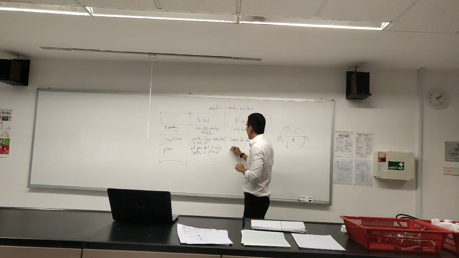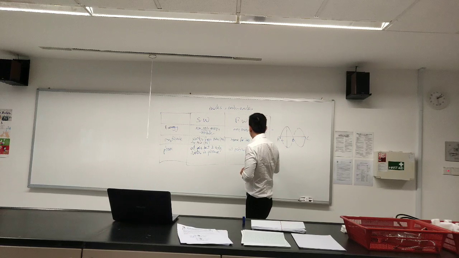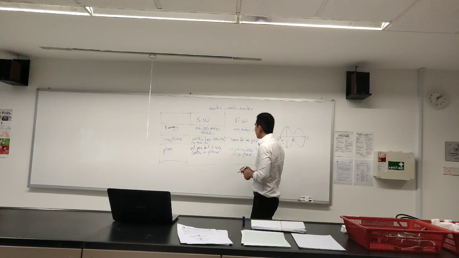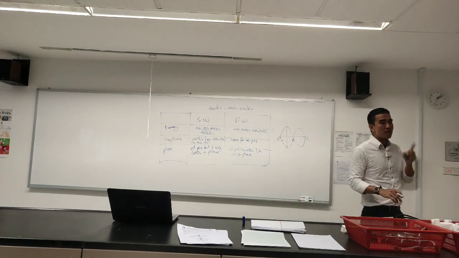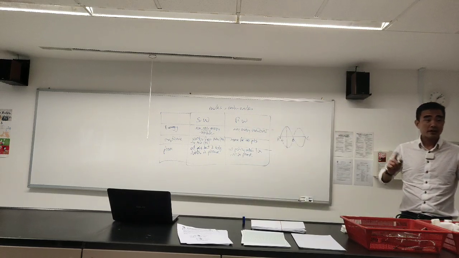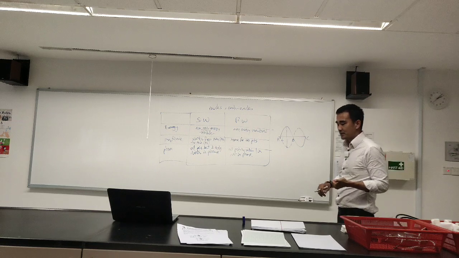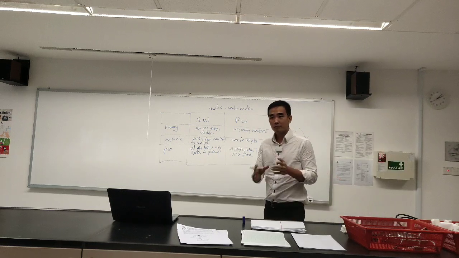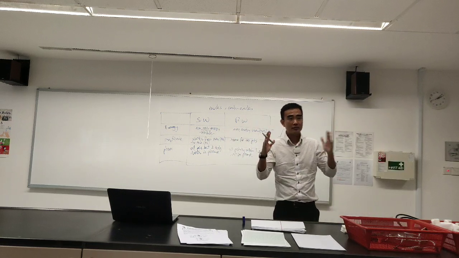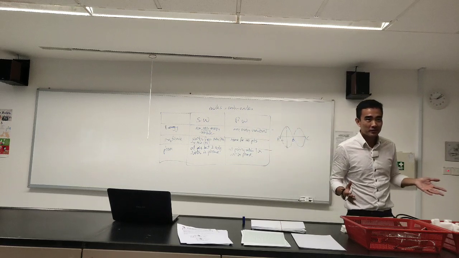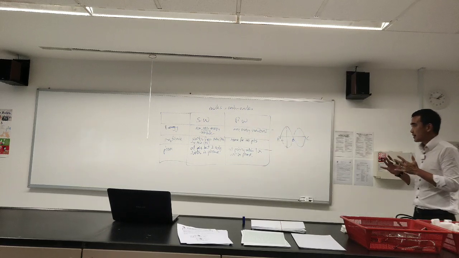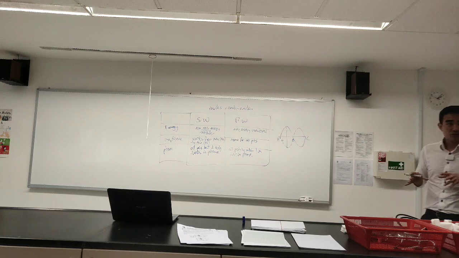For progressive wave, all particles within one wavelength are not in phase. What do I mean by this? It means that you will not be able to find 2 points within one wavelength that have the same displacement and same direction of velocity. You won't be able to find that. So that's the difference between progressive wave and standing wave in terms of phase.